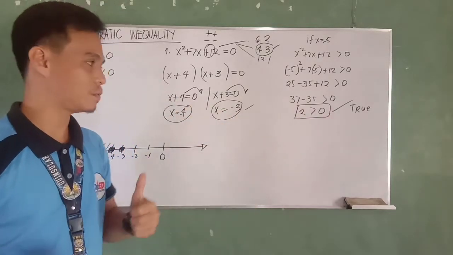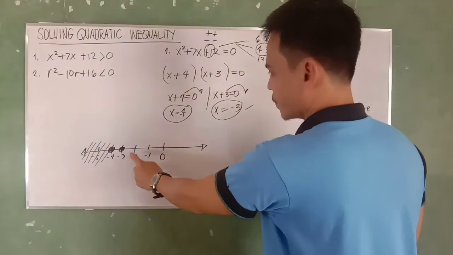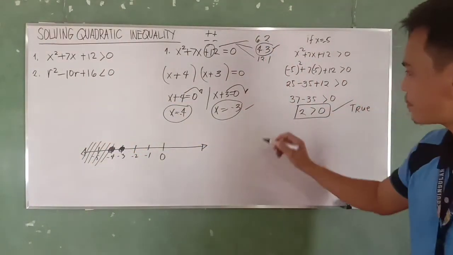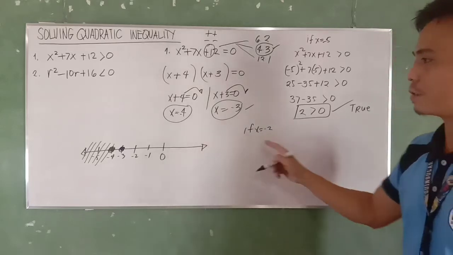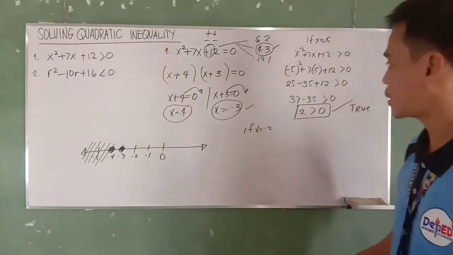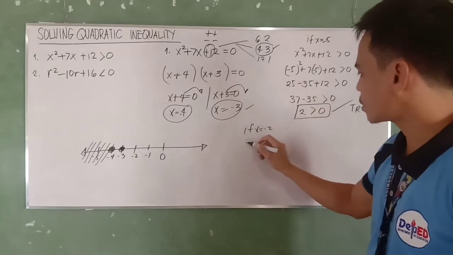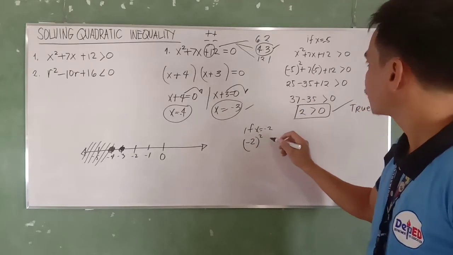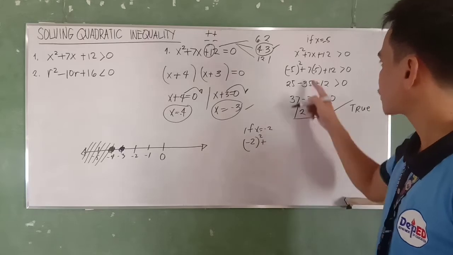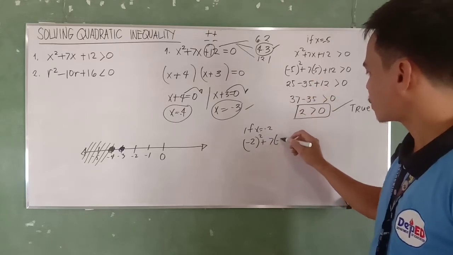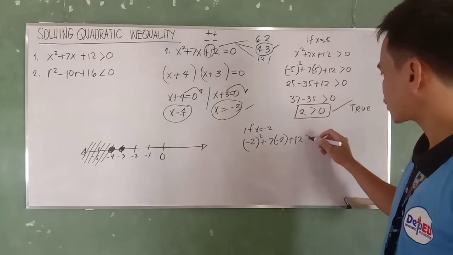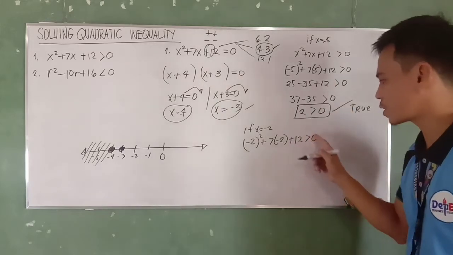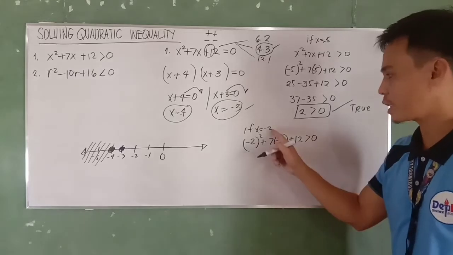Okay? Very good. So let's try negative 2. If x is negative 2, let's see if it satisfies our original inequality. Negative 2 squared plus 7 multiplied by negative 2 plus 12 is greater than 0. We check whether it is greater than 0 when x is negative 2.